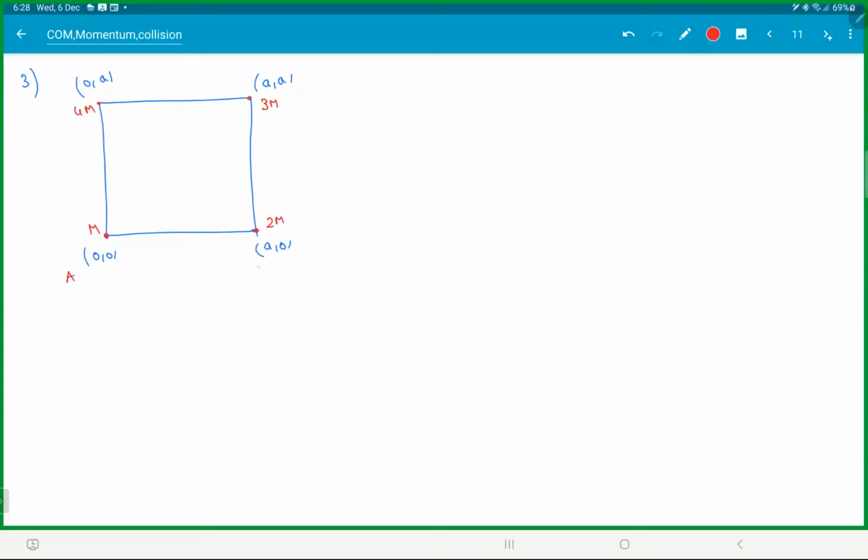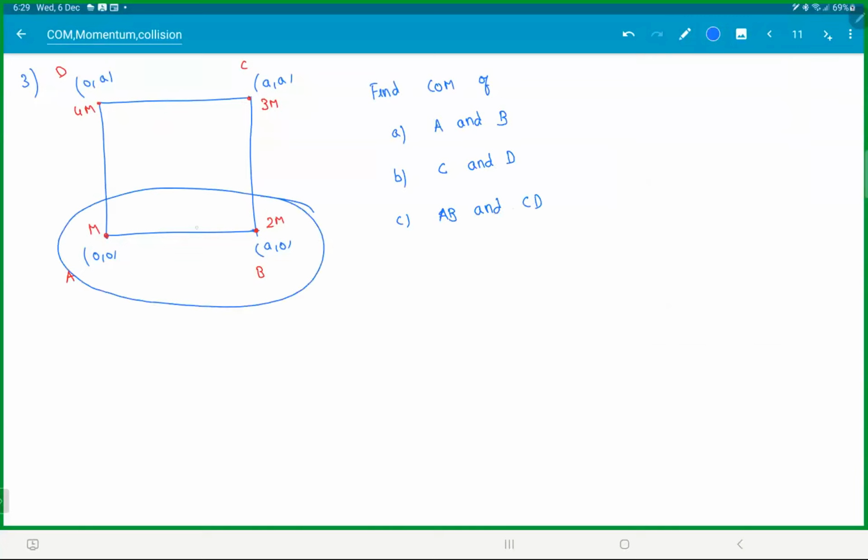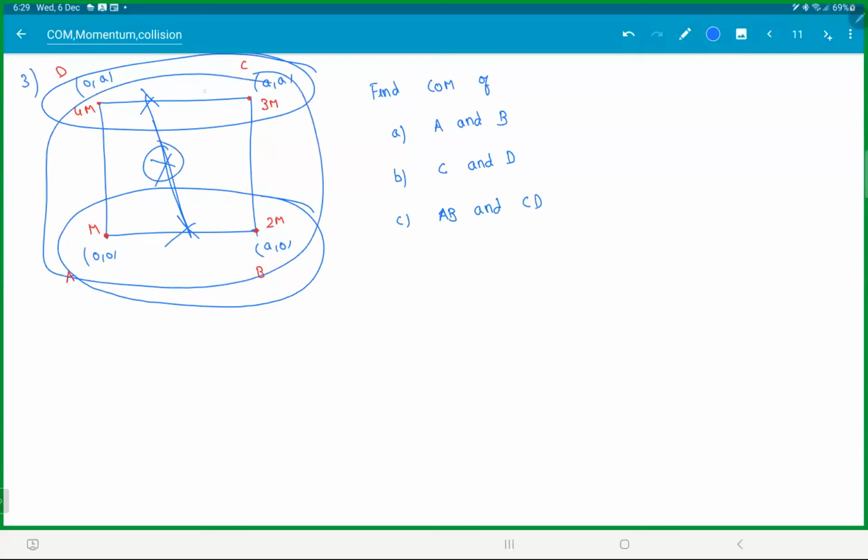There are 4 particles here, A, B, C, and D. Find the center of mass of A and B, treating A and B as one system. Find the center of mass of C and D, then find the center of mass of the AB and CD systems. You'll get something, and we will prove this will be the center of mass of all four of them, which I know looks obvious, but we need to prove it.